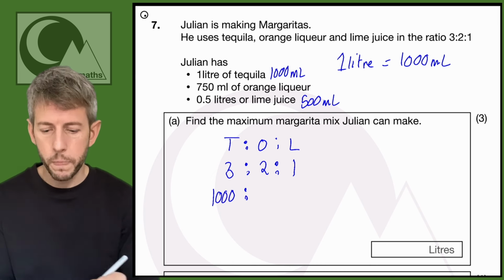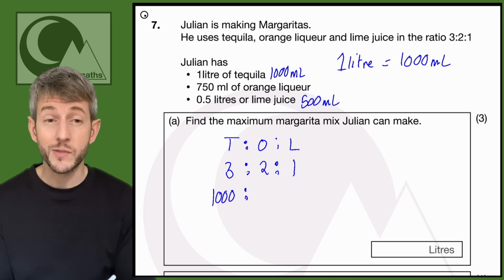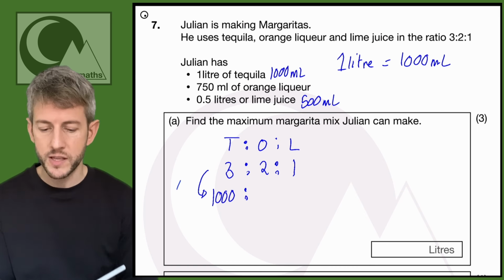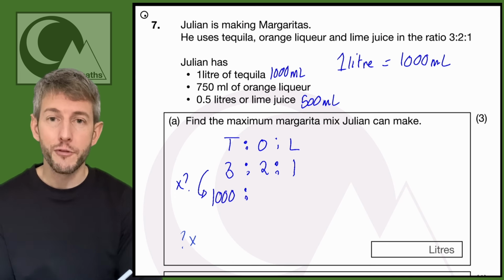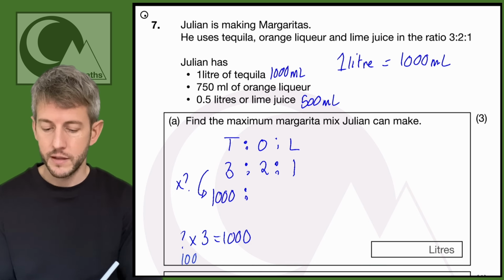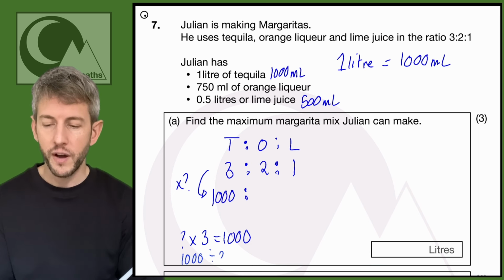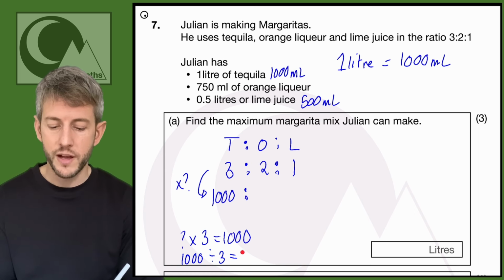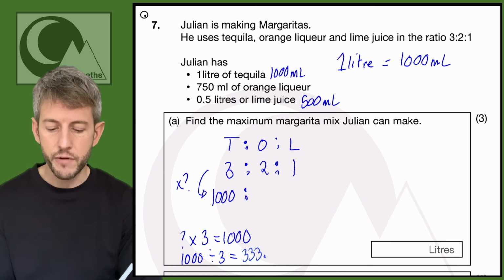Okay, so I know that the ratio is 3 to 2 to 1. I want to get to 1000, so I need to know how many lots of this ratio I'm having. Remember, I'm timesing this by something: something times by 3 equals 1000 millilitres. So now I need to do my reverse calculation: 1000 divided by 3 equals 333.3 recurring.